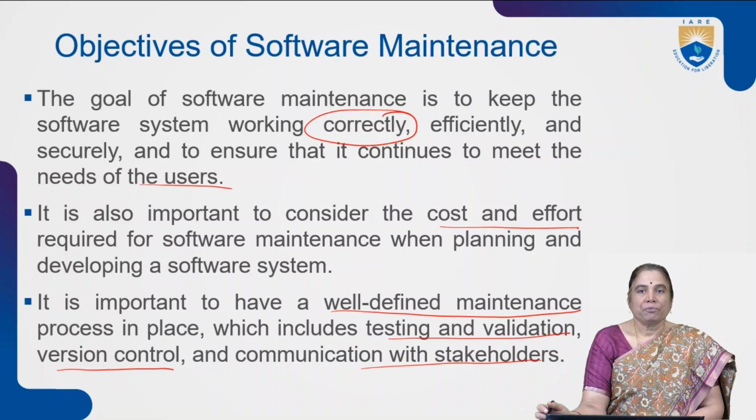Software configuration management, SCM, plays the major role in software maintenance to validate the requirements, as well as version control, change control, and communication with the stakeholders, which are part of the SCM activities.